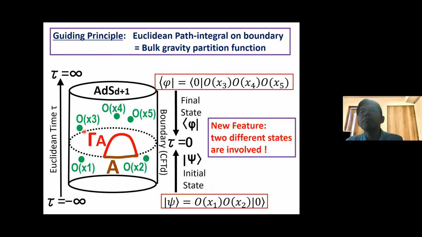And we want to measure some quantity at the middle time, tau equals 0. In that case, the initial path integral gives the initial state, and the final path integral from plus infinity gives the final state. So we encounter two different states naturally because we cut the path integral in half, right? The upper half and lower half define two different states.